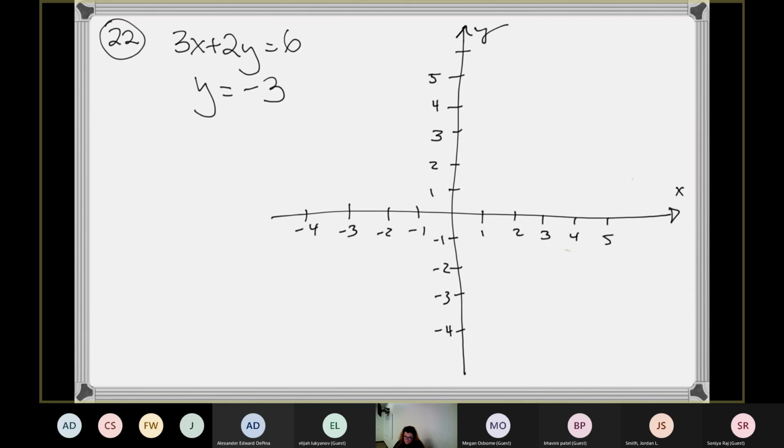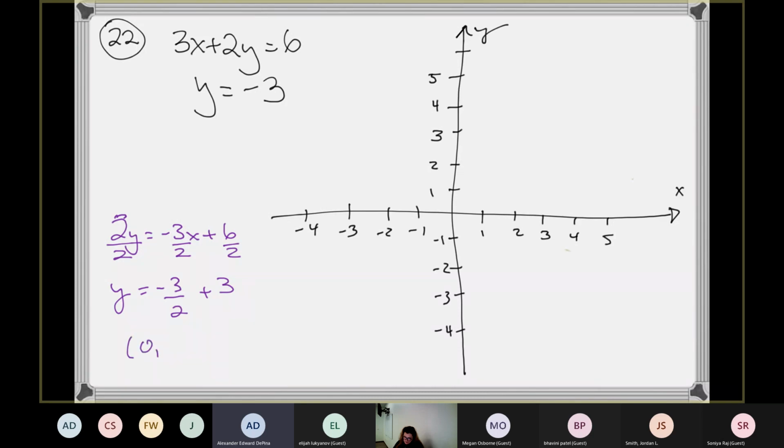Okay, well, there it is. Let's look at the first one. I want to solve it for y. 2y is -3x plus 6, and I divide by 2. y is equal to -3/2 x plus 3.